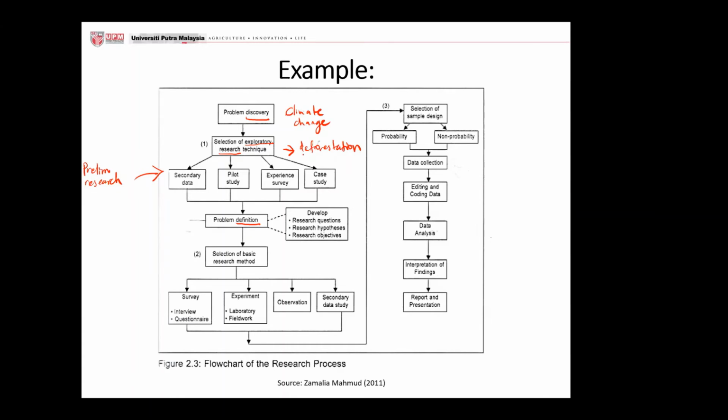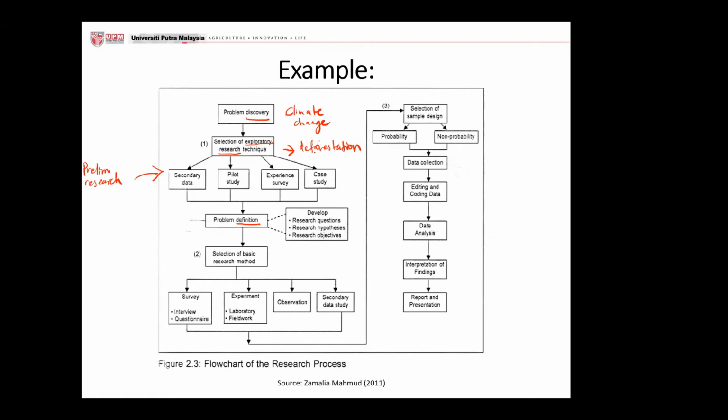So from here, I already got the keyword, and I start to find all the information about this one. There are many causes of deforestation, right? And you can either look at the causes or you can look at the effects.